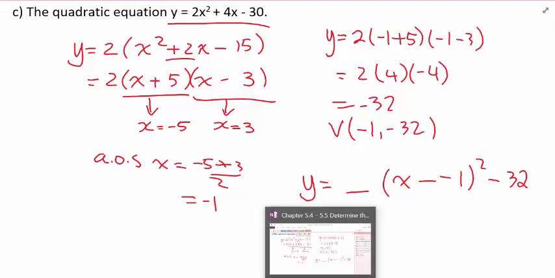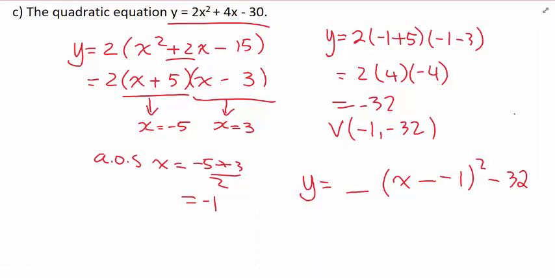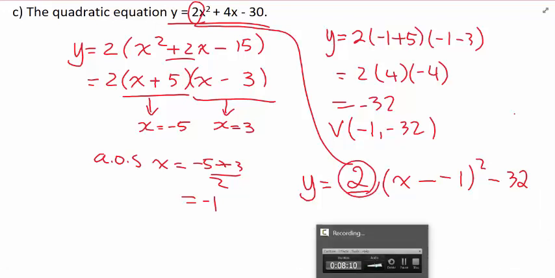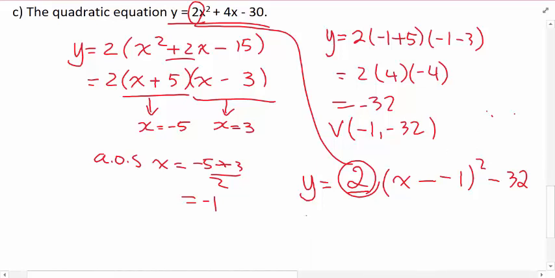The a value is exactly the same as the one in the factored form, which is 2. So the a value here is exactly the same as this a value right here. All right, so your equation is going to end up as y = 2(x + 1)² - 32.